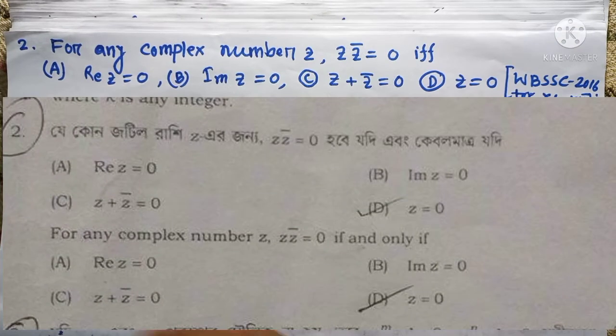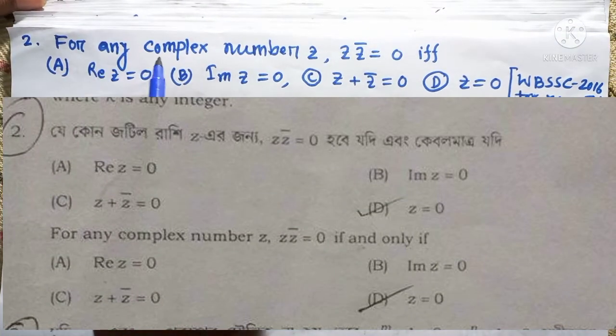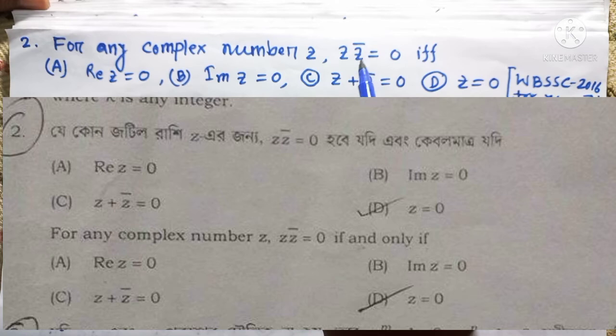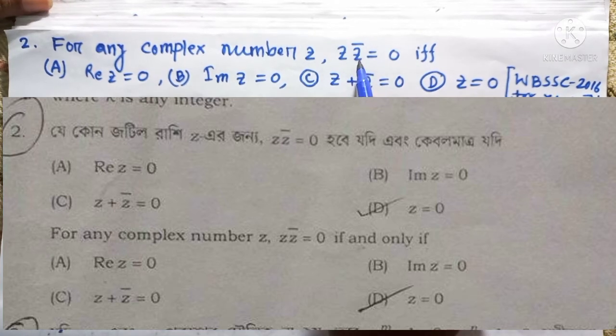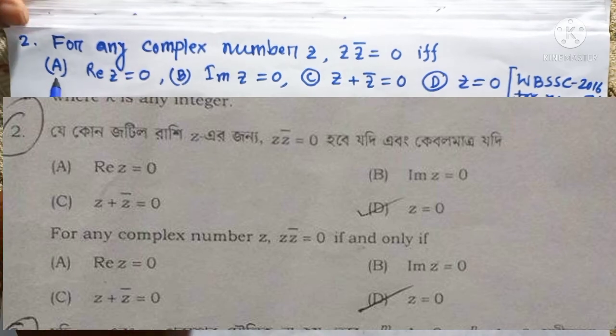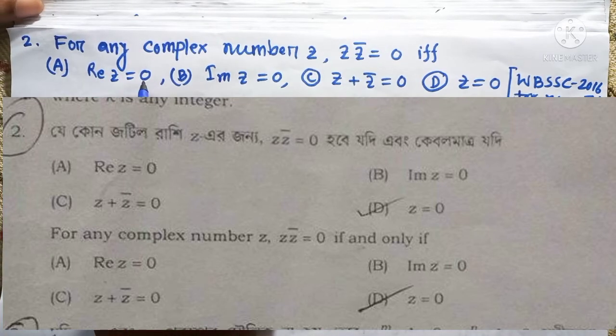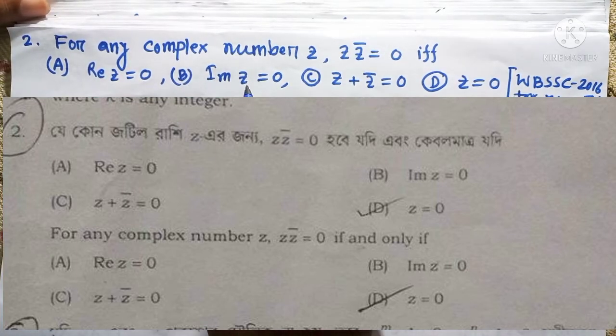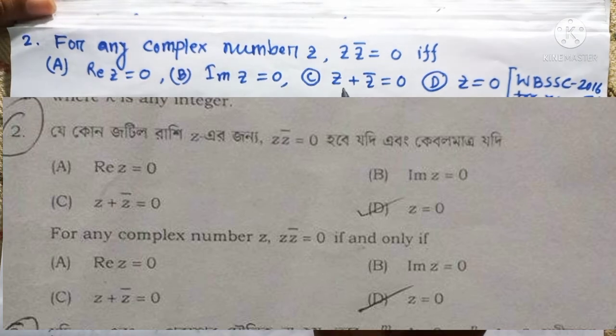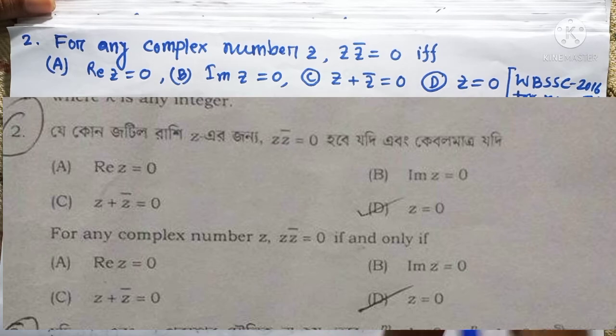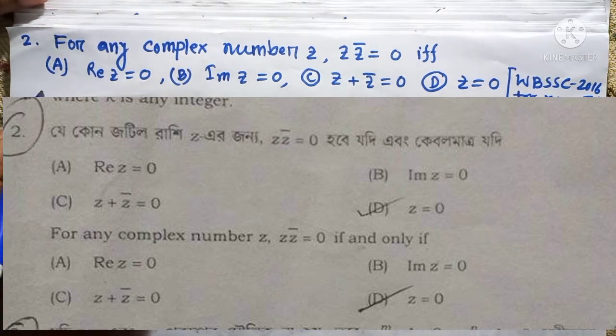Question number 2. For any complex number z, z into z bar equal to 0 if and only if option A real z equal to 0, option B imaginary z equal to 0, option C z plus z bar equal to 0, option D z equal to 0.